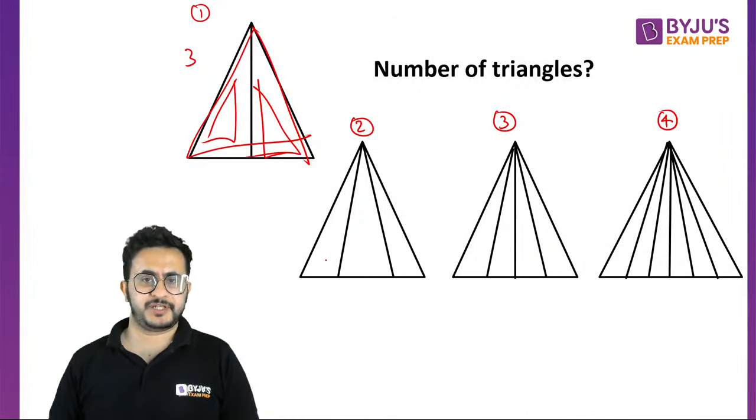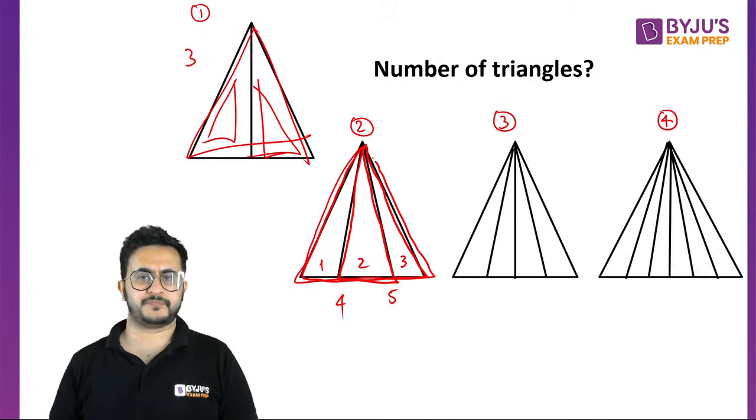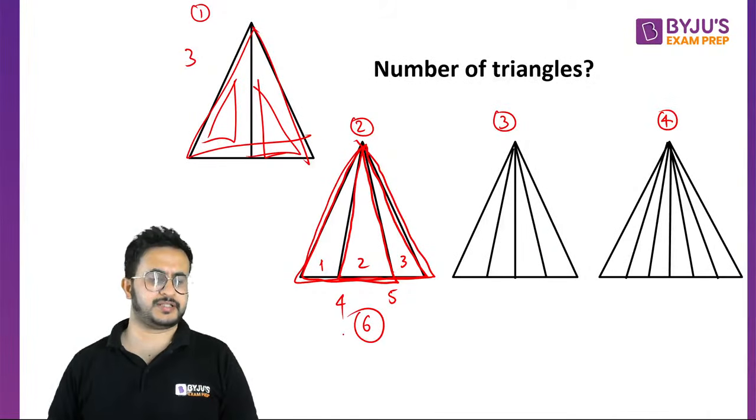In the second figure, there is one triangle like this. There is a second triangle with this as the base. The third triangle with this as the base. Now if we see this triangle, that is the fourth triangle. Then if you look at this triangle, this is triangle number 5. And then there is the outermost triangle, which makes it triangle number 6. So there are 6 triangles in this figure.